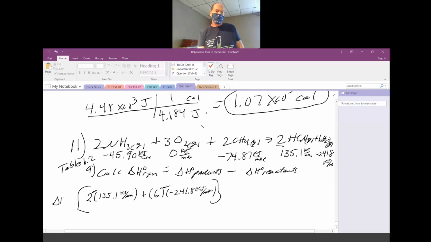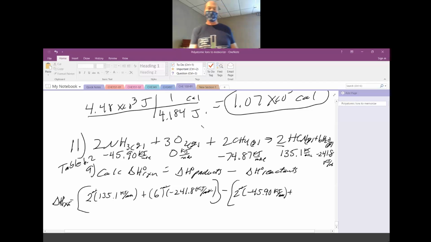So when we find our delta H naught for this reaction, we take our products, and then we subtract our reactants. Our reactants are NH3, negative 45.9 kilojoules per mole, 2 moles. So 2 times the negative 45.90 kilojoules per mole. And that's 2 moles. They cancel. All right. We have 3 times 0. It doesn't matter what times 0.